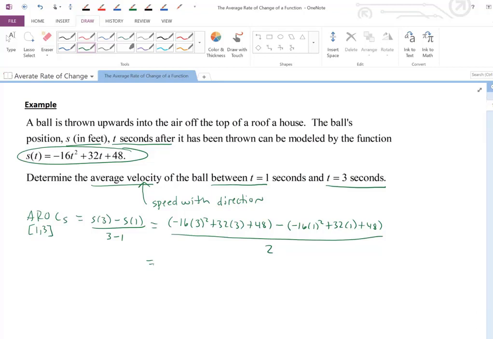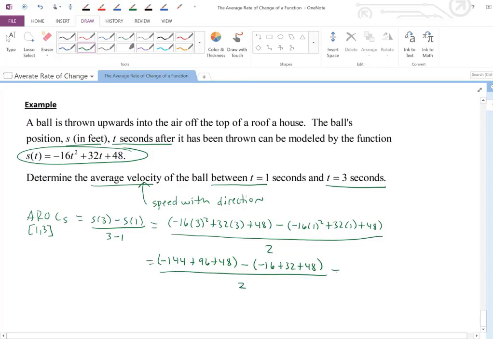The 3 squared is clearly 9. 9 times negative 16 is negative 144. So that's negative 144, and then plus 32 times 3 is 96, plus 48. All of that minus the quantity, negative 16 plus 32 plus 48, and then we take all that divided by 2.